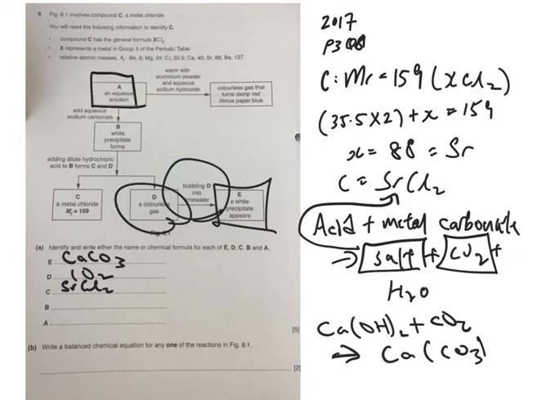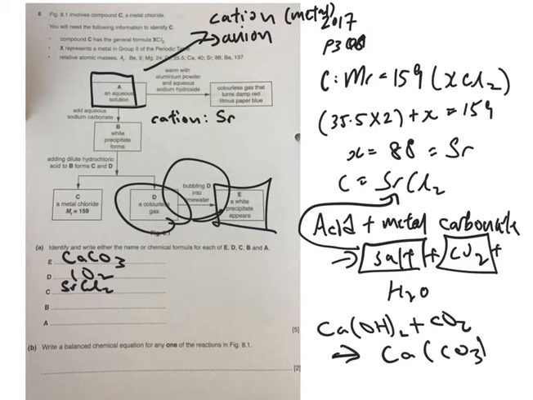We know that A is an aqueous solution, and an aqueous solution usually comprises your cation, which is a metal, and your anion, and hence we can very quickly deduce that the cation in A is the X that you have just solved, which is strontium. Alright, so we are only left with what is in our anion. And recall your qualitative analysis table.